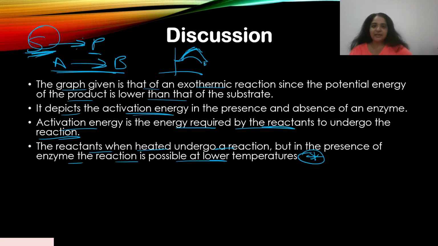Not much heat will have to be generated to cross that energy barrier, because the enzyme is helping it to do the work faster. So even at lower temperature, that means not much heat is being produced, the enzyme quickly converts the substrate to a product, because it has increased the rate of the reaction. You need to quickly go from one place to another, you look for a shortcut, right? When you want to quickly go from point A to point B, you look at Google Maps or anything, they give you a shortcut.